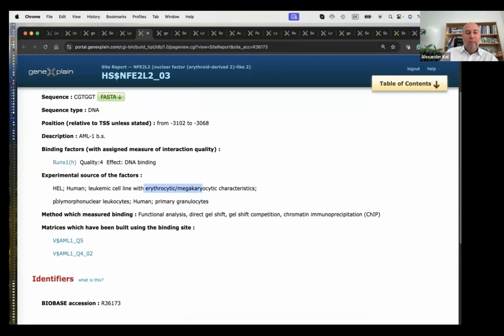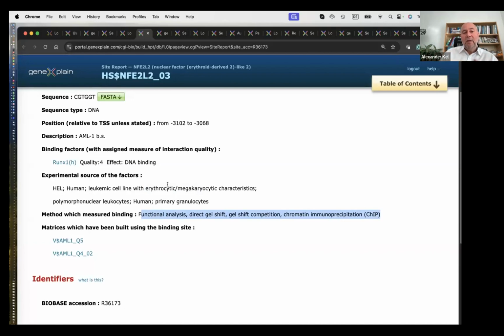And also polymorphonuclear leukocytes. It's a very strange kind of cells. That was the type of experiment which was done. But most important, related to the question, is which cell types or which conditions were studied when these researchers found this binding site.